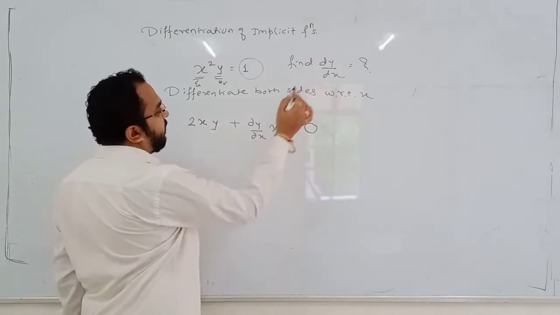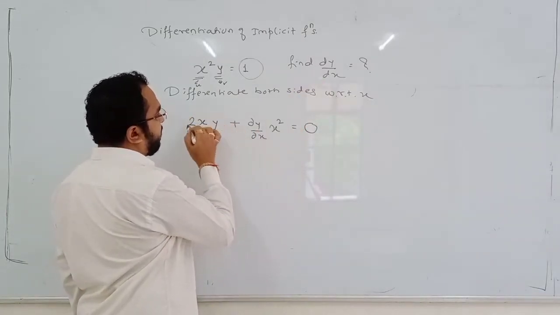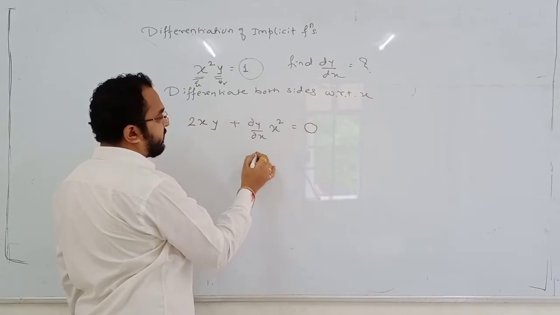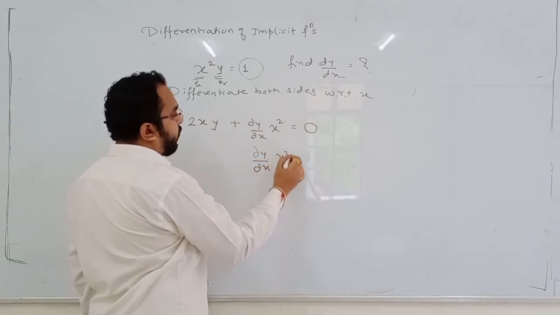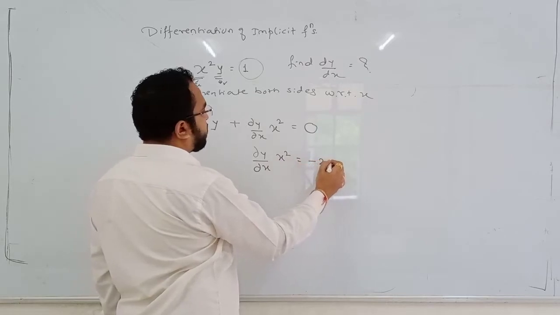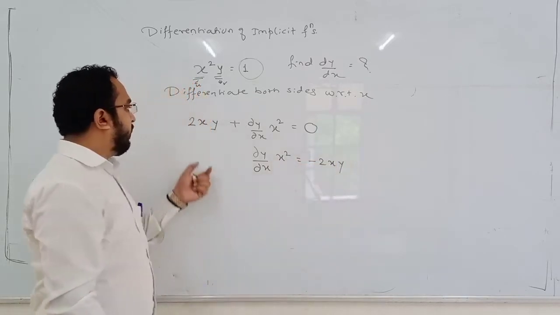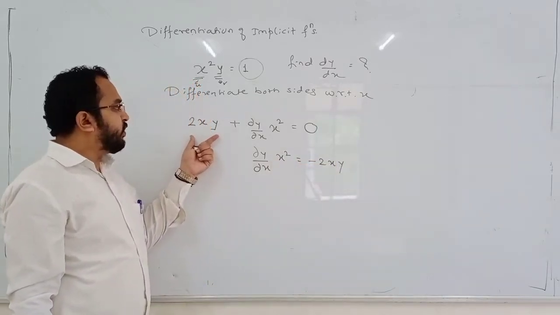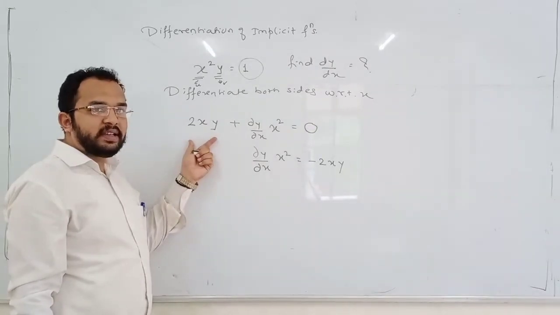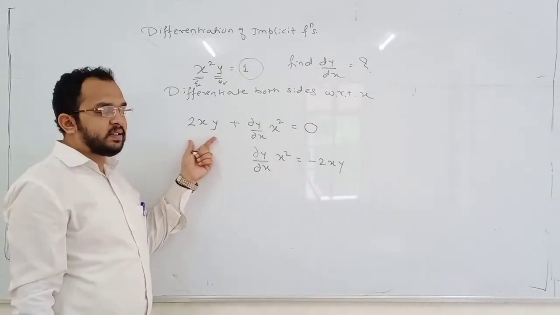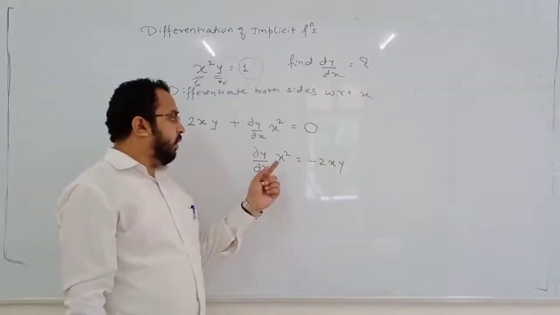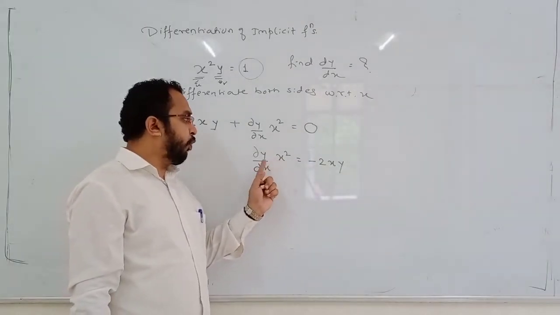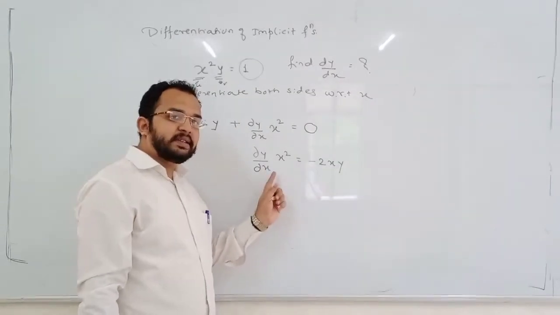Okay, now we need to find dy by dx. So shift this term on RHS, so it will become dy by dx into x square is equal to minus 2xy. This 2xy is positive on LHS. When it goes to RHS, it will become negative. Okay. Now this x square is in product on LHS.